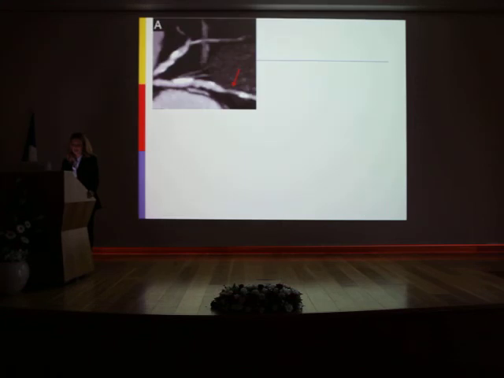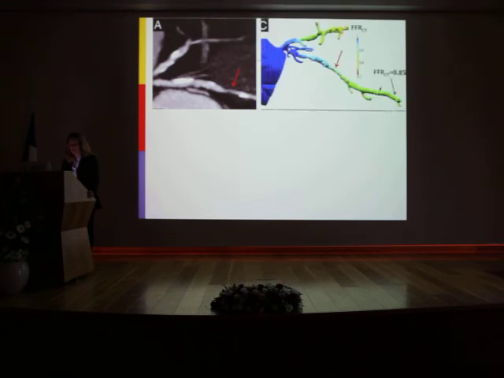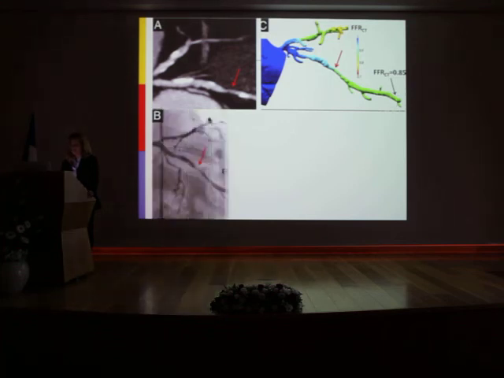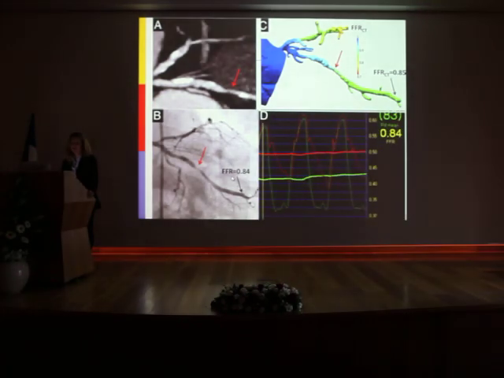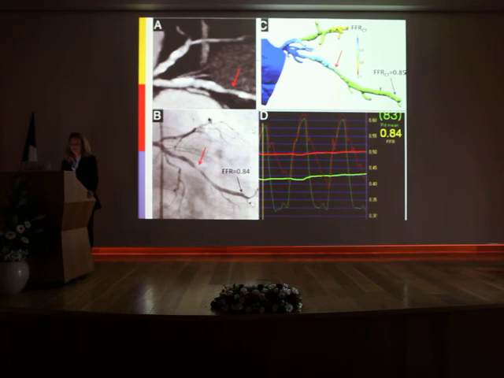And here are some images, the moderate stenosis at the LAD on CT, and the calculations of the FFR. Here it's above 0.8, it's 0.85, so it's not significant. And the lesion actually looked more severe during invasive angiography. However, you can see that the FFR was the same, so do not treat this lesion.